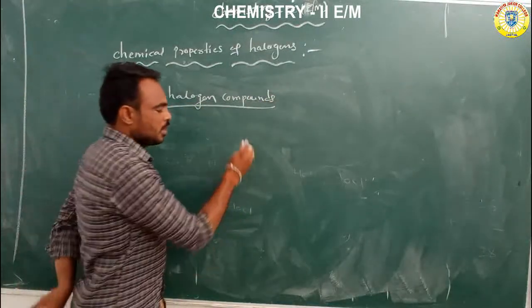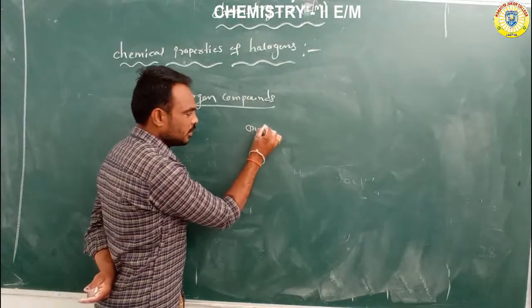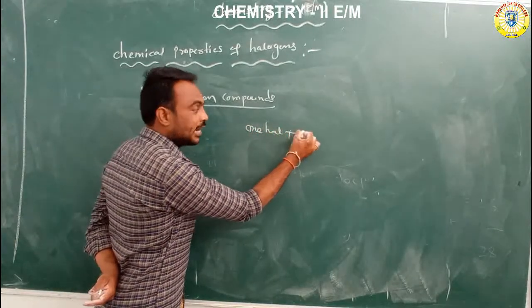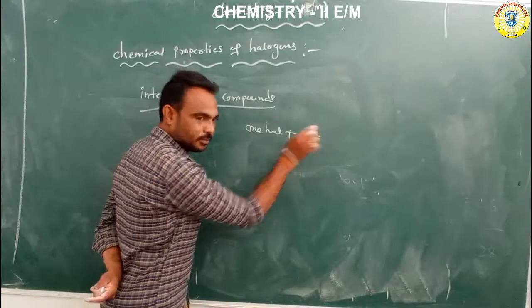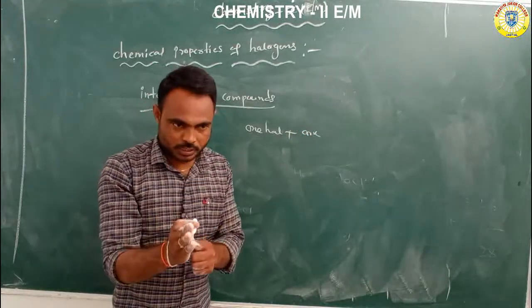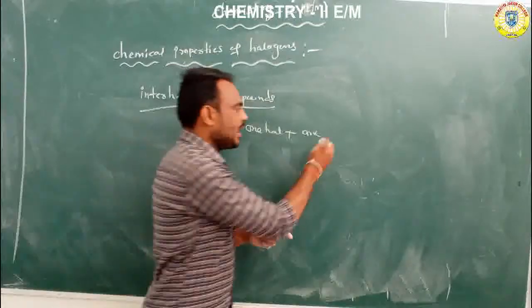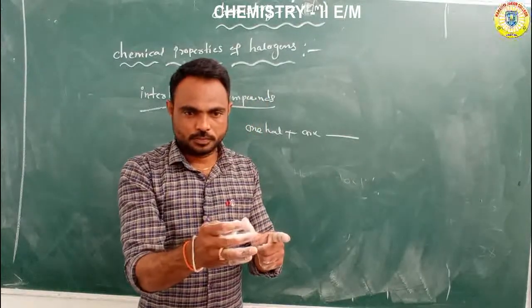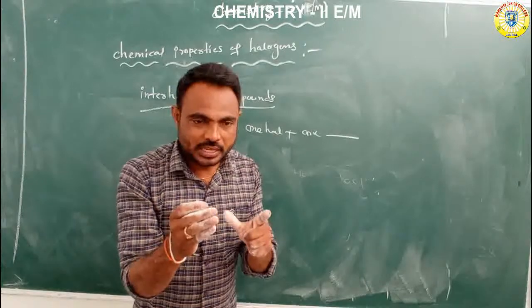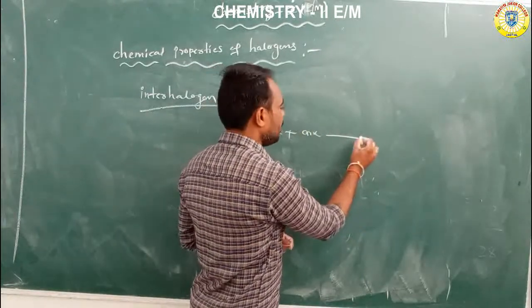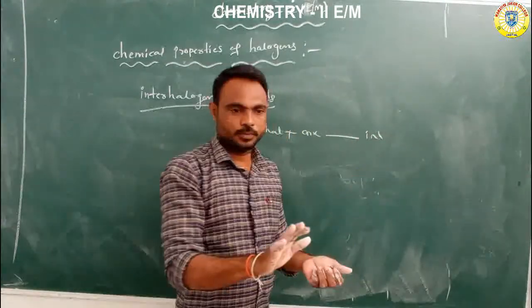Listen. One halogen reacts with another halogen to form a binary compound. That compound is called an interhalogen compound.